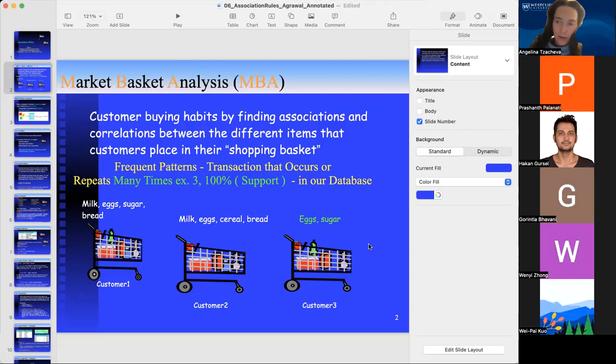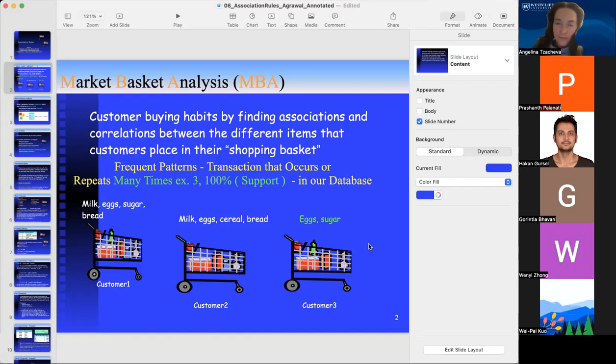How about Amazon.com? Do you think Amazon.com is using this technique? What happens in Amazon when we buy something or when we place something in our shopping cart? It's usually showing underneath a bunch of other stuff, right?